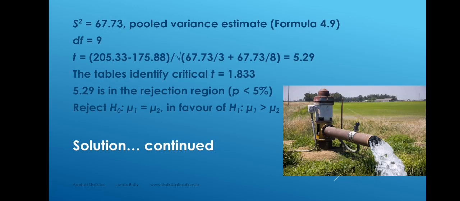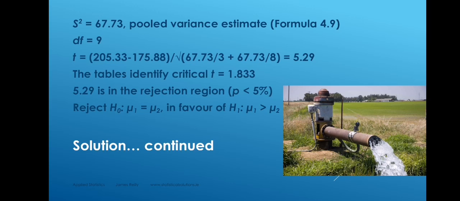So we apply formula 4.9 and we calculate the pooled variance estimate as 67.73, and that's based on 9 degrees of freedom, n1 plus n2 minus 1 minus 1, n1 plus n2 minus 2. Now, we then substitute the value of S and the values for the mean and the sample sizes into the two-sample t-test formula. And having substituted and calculated the value of t, we get 5.29.